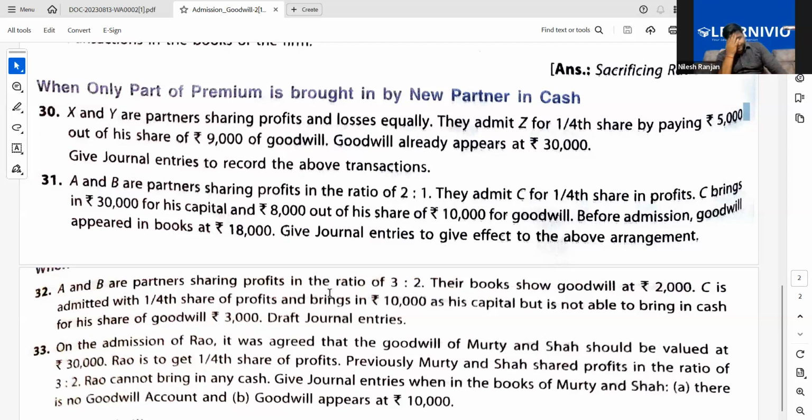Okay. So this is the second topic of this chapter. Now the third topic, revaluation. Revaluation entries, you remember?